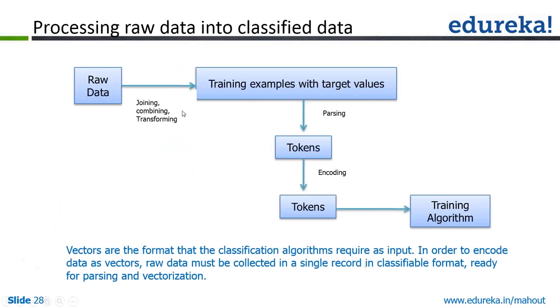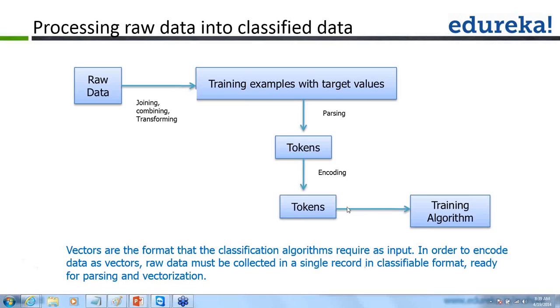In the raw data you will do certain things like joining, combining, transforming, and then put your training examples with target value. You will do certain parsing so that the Mahout system can understand what sort of data you are putting in. You will create tokens and encode these tokens using the vectorization process, and these you will put in the training algorithm.